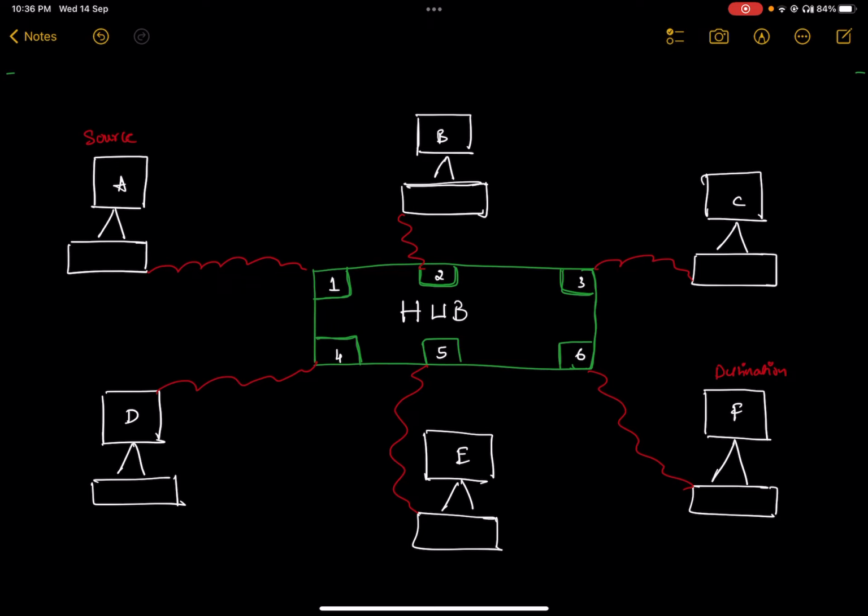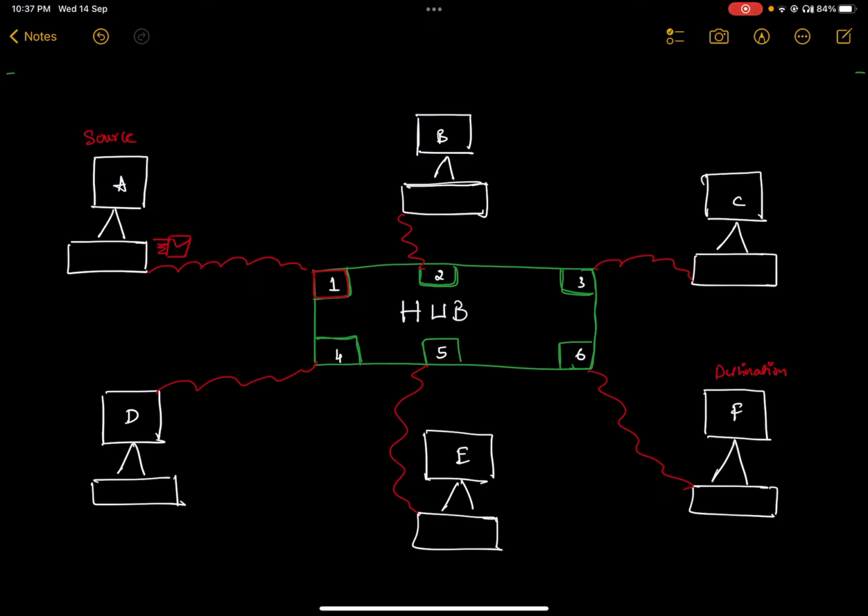As I marked my source and destination, A wants to send a packet to F, right? If A sends a packet, it reaches port 1. And we also know that a hub lacks that basic intelligence where it cannot understand the basic information present in a frame, and it cannot say to which port it needs to send it, because it doesn't understand the information that is present.